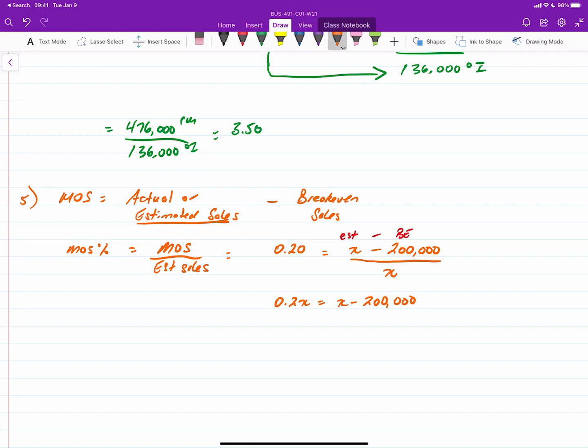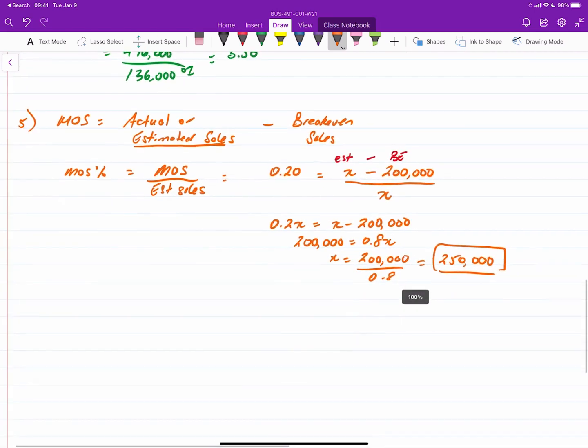And so using basic algebra, we will determine that 200,000 must be equal to 0.8x. And so x, or the estimated sales, is going to be 200,000 divided by 0.8, or 250,000 units. And so the estimated sales level is 250,000 units.